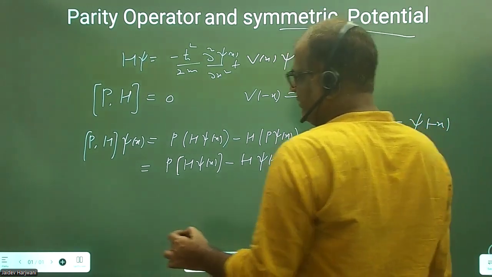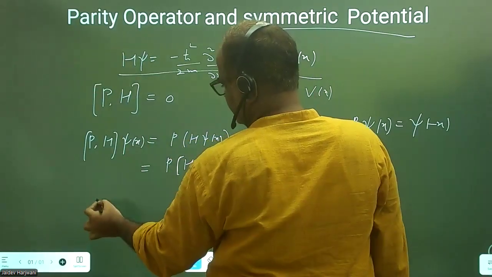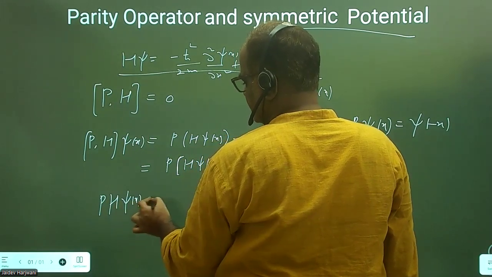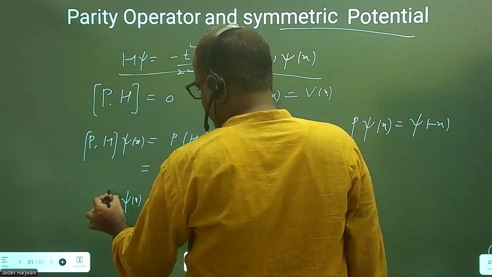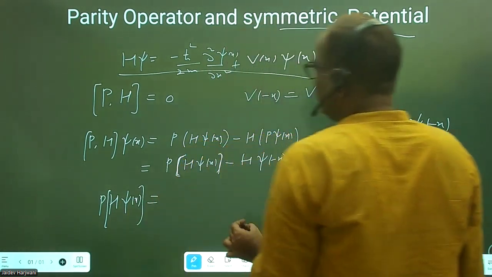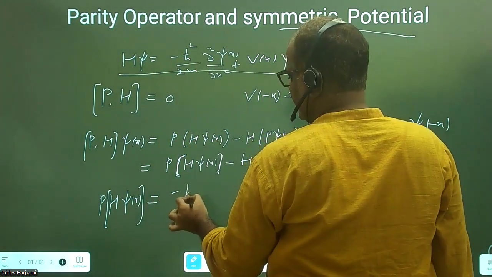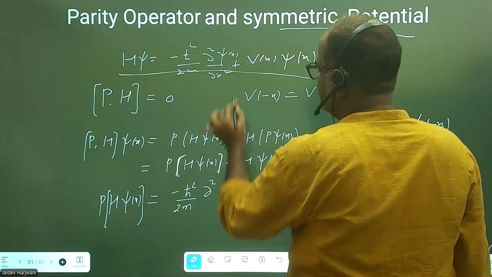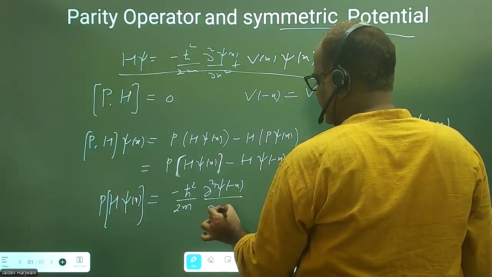Now let me take the Hamiltonian equation and operate P on it. If I operate P over H psi(x), x will be replaced with minus x. So this becomes minus h cut squared by 2m, del 2 with minus x, del x squared.